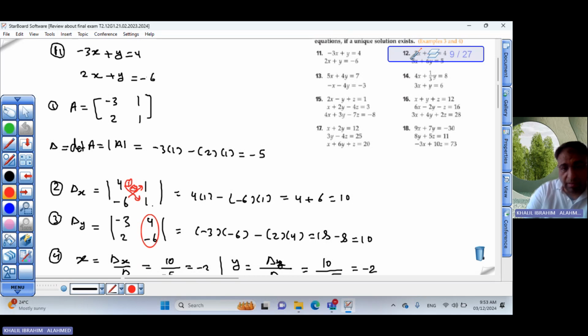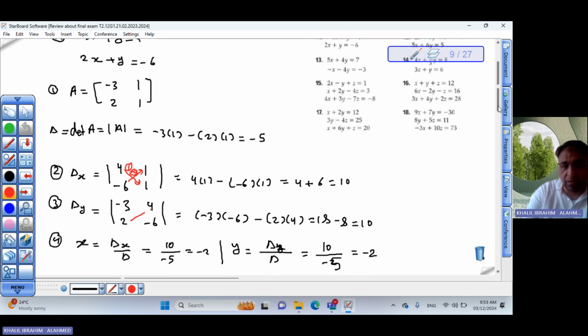Coefficient of x stays, negative 3 and 2, but use the constant numbers 4 and negative 6. In the same way, negative 3 times negative 6, minus 2 times 4, as you see here. Okay, this equals 18 minus 8 equals 10.